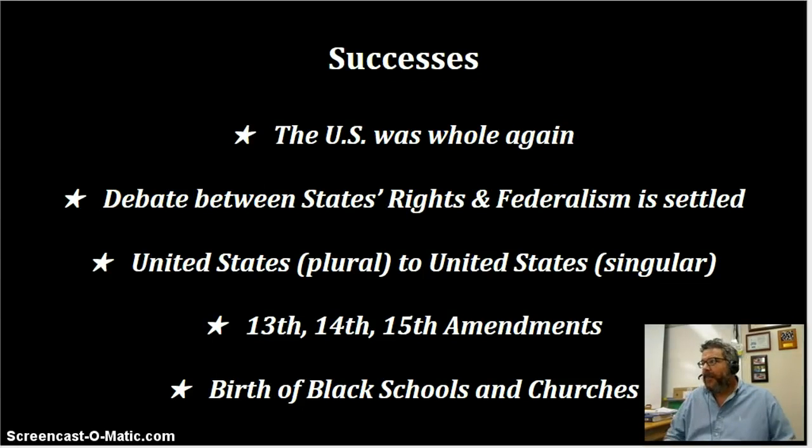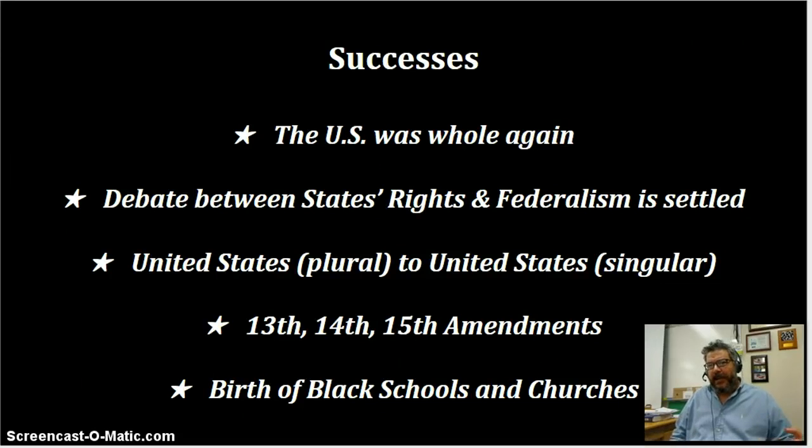What we see happening is almost a complete reversal of all of the gains made, both through presidential Reconstruction and then through Republican Reconstruction after that. But there are some successes. The U.S. was made whole again. This whole debate that started the Civil War to begin with between states' rights and federalism is finally settled. The federal government comes out of the Civil War and Reconstruction period much stronger than it went in.